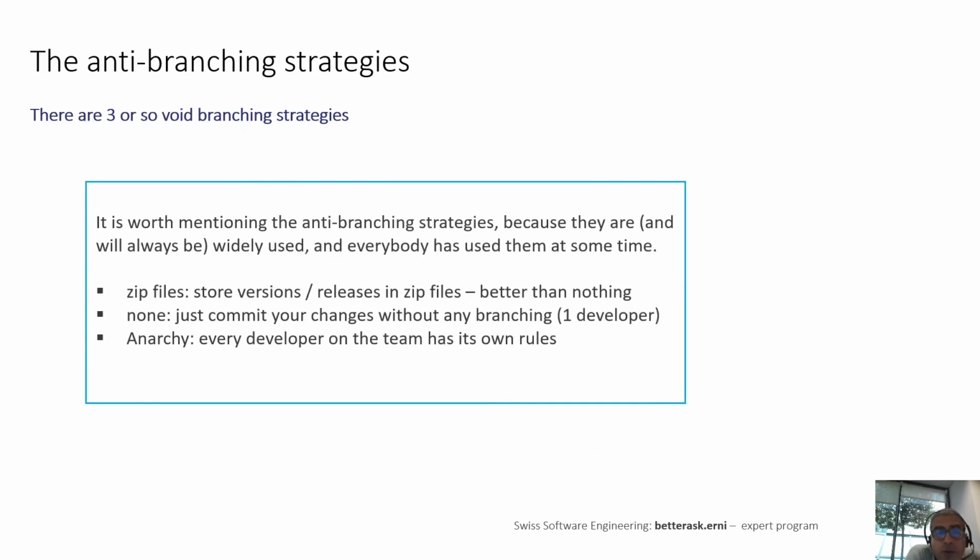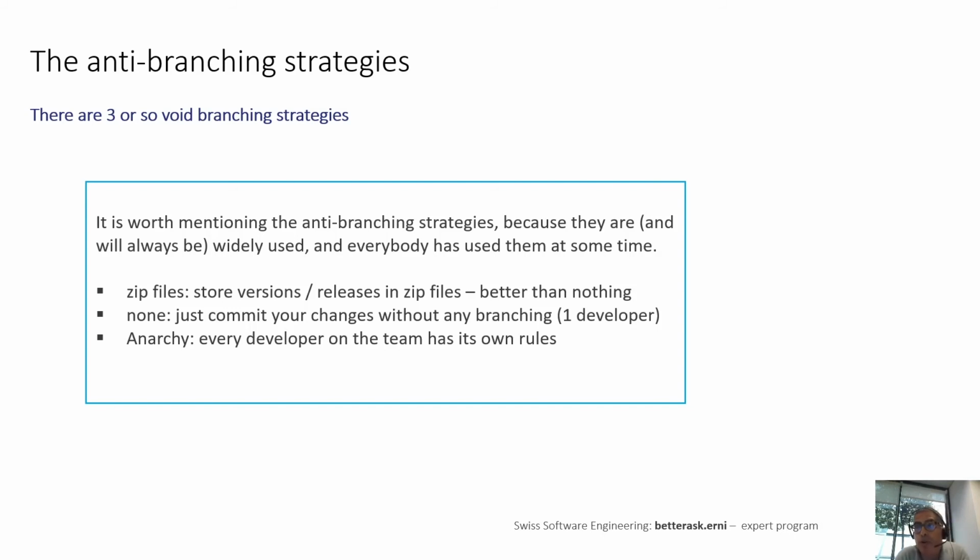We start with what I call, this is my own naming, the anti-branching strategies. I think it's worth mentioning them because they are and will always be very used, and everybody has used them at some time in their developer life. The first one sounds like a joke, but it's storing your versions or releases in zip files.